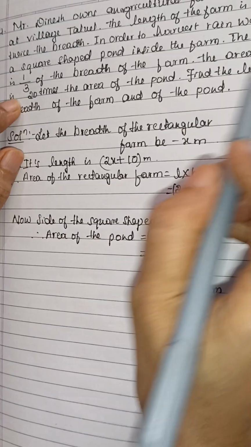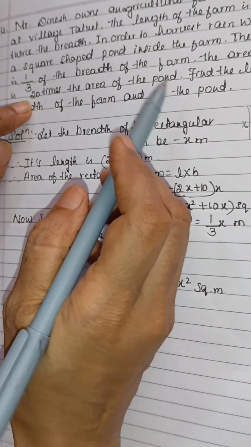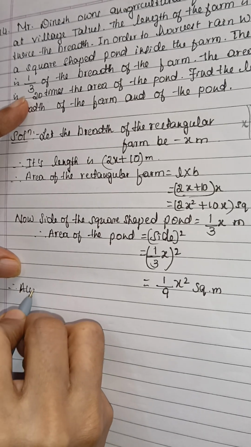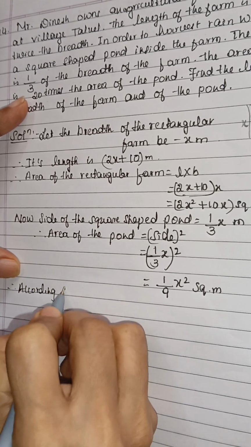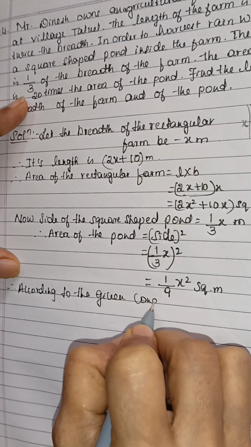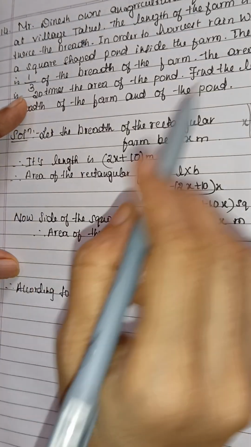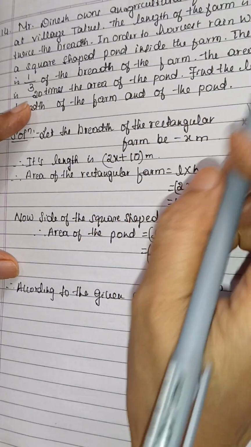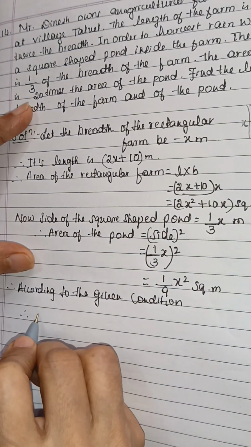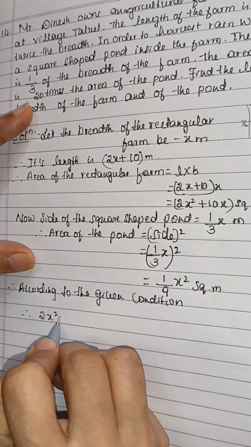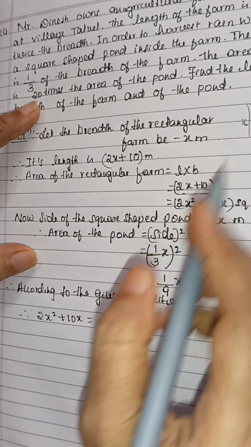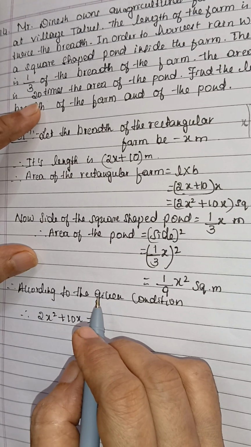Now the area of the farm is 20 times the area of the pond. Therefore, according to the given condition, the area of the farm, what is the area of the farm here? 2x square plus 10x equal to, see, the area of the farm is 20 times the area of the pond.